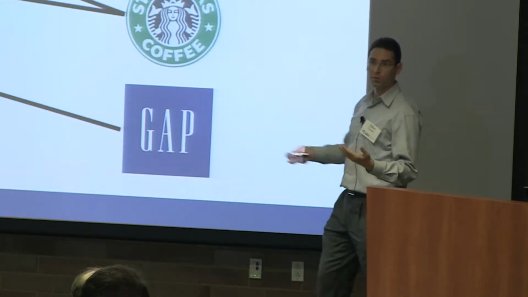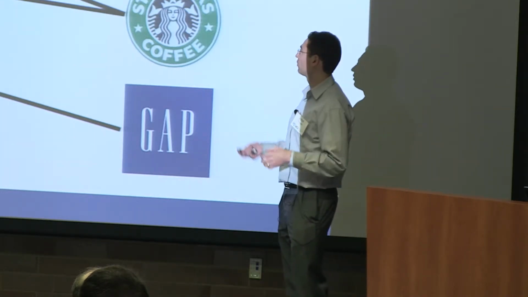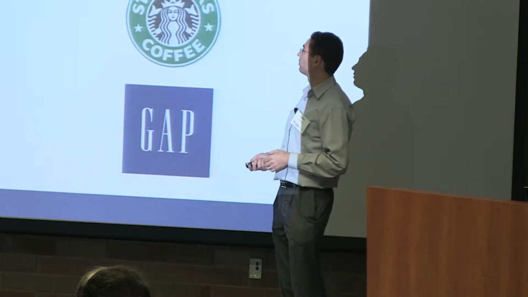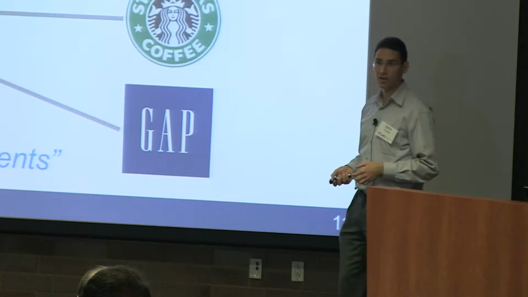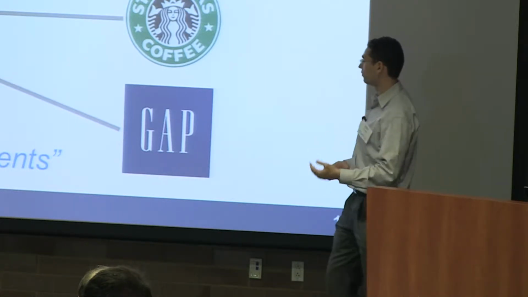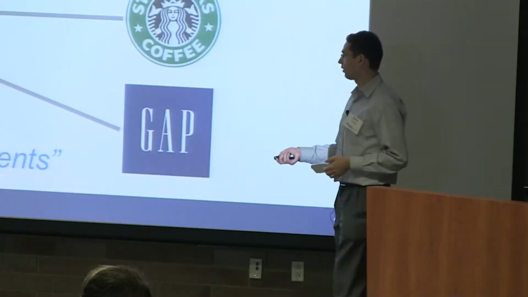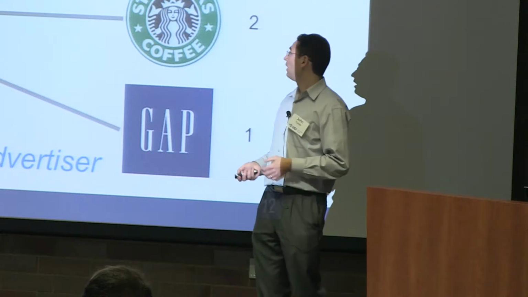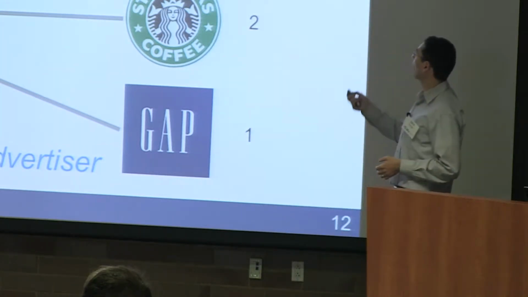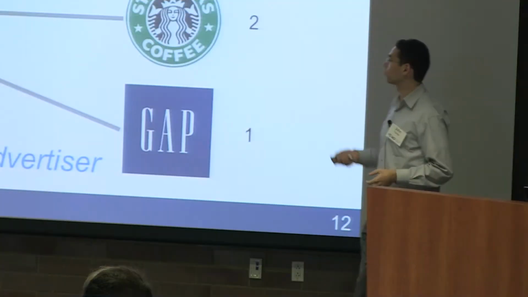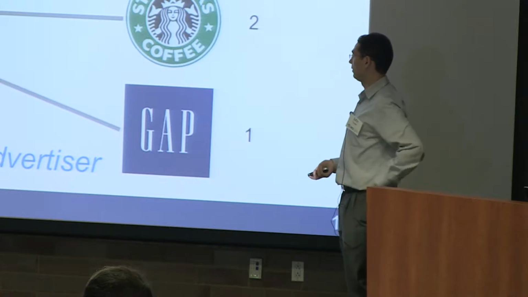But that's, of course, a simple description of the problem. As you can probably guess, there are different viewer types, and each advertiser has a preference for different viewer types, which are illustrated by these links here. So we call these targeting requirements. And each advertiser also has a different impression goal, or a desire for a number of exposures from these viewers. Right?